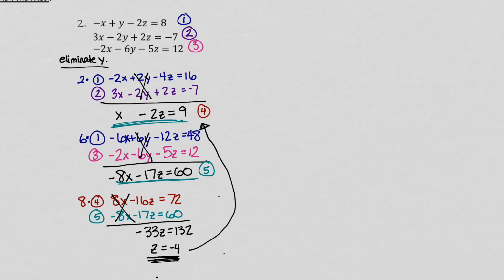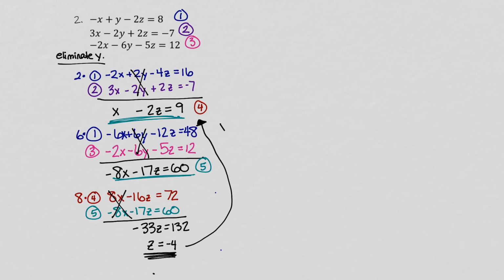I'm going to plug it into 4 this time, I think that'll be a little easier. So I get x minus 2z, and we said z is negative 4, equals 9. So x plus 8 equals 9. Subtract 8 from both sides. Whoops, not negative 1, it's positive 1. And I get x is 1.